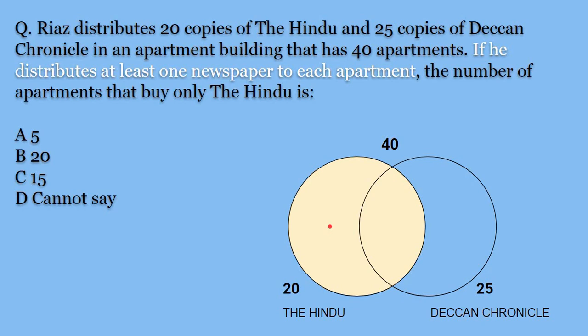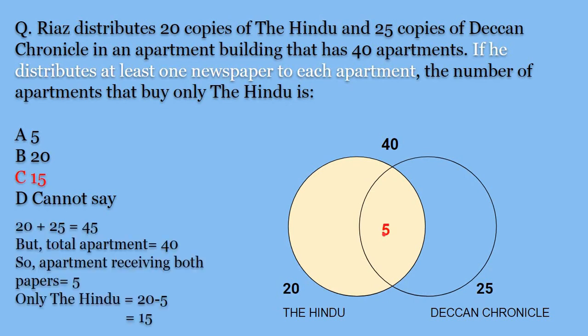How many of them are remaining? 5 Deccan Chronicles are remaining. So 5 of them will have both Deccan Chronicle as well as the Hindu. So what will be the number for only the Hindu? 20 minus 5 will come out to be 15. As you can see, 5 will be this, so this will become 15, and that will be the answer.